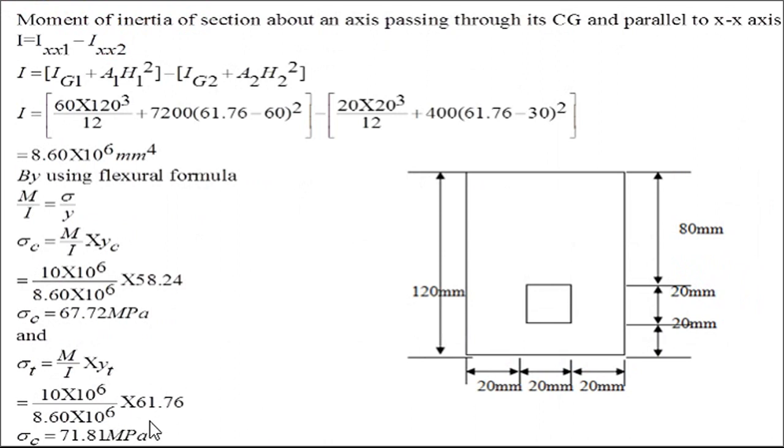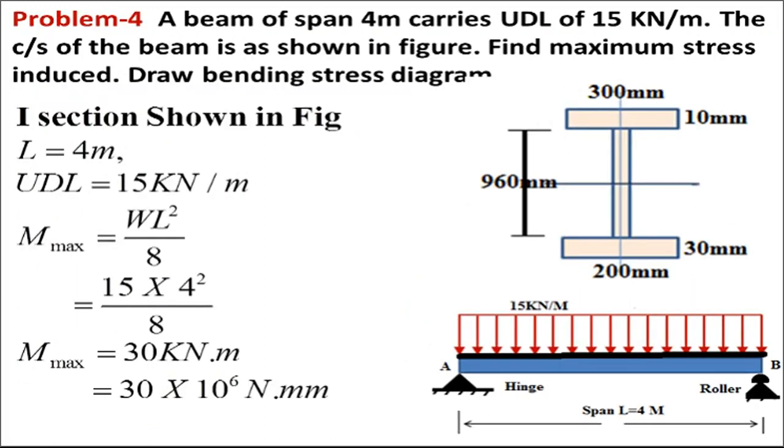Okay, so by putting this you will get sigma t. Actually, here there is a mistake, it is not sigma c, it is sigma t. So sigma t is 71.81 and sigma c is 67.72. So in this way we have determined the compressive and tensile stresses.